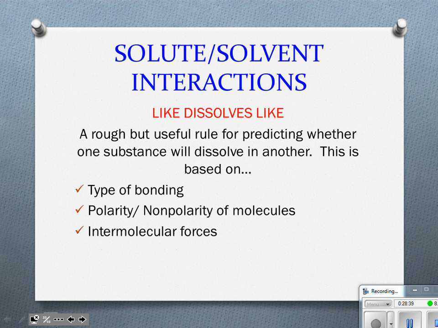Like dissolves like depends on the type of bonding, the polarity versus the non-polarity, and the intermolecular forces. So, like dissolves like.